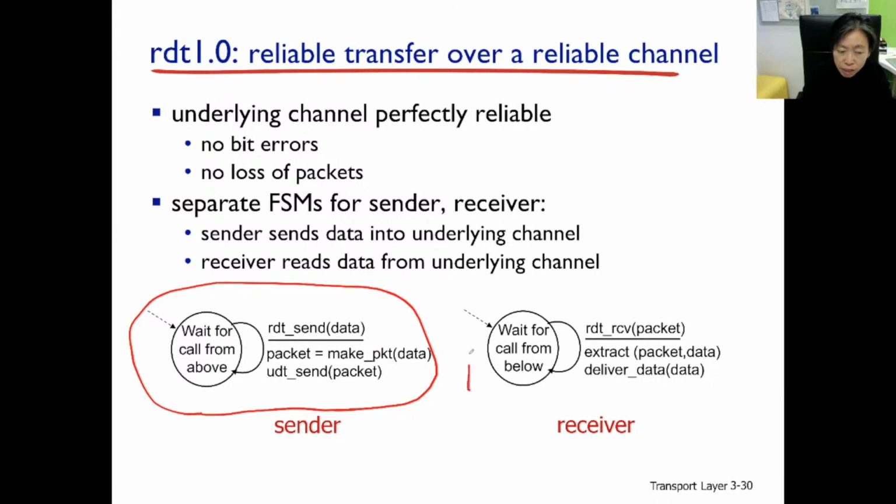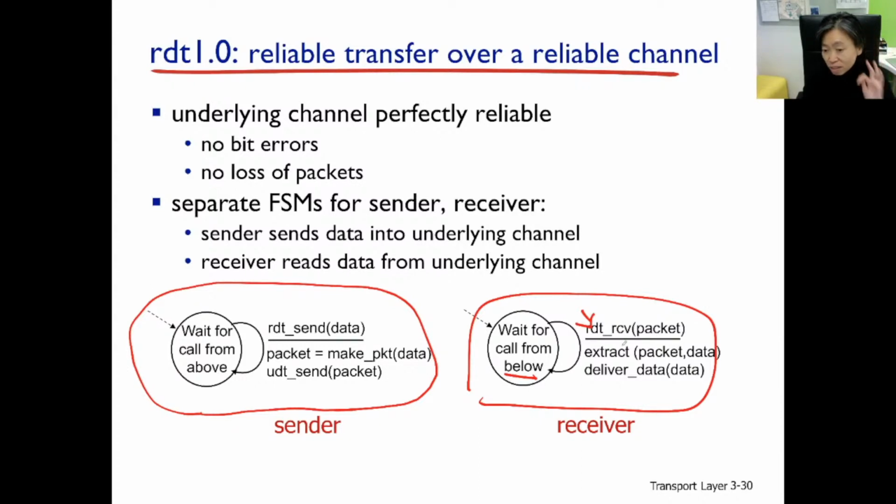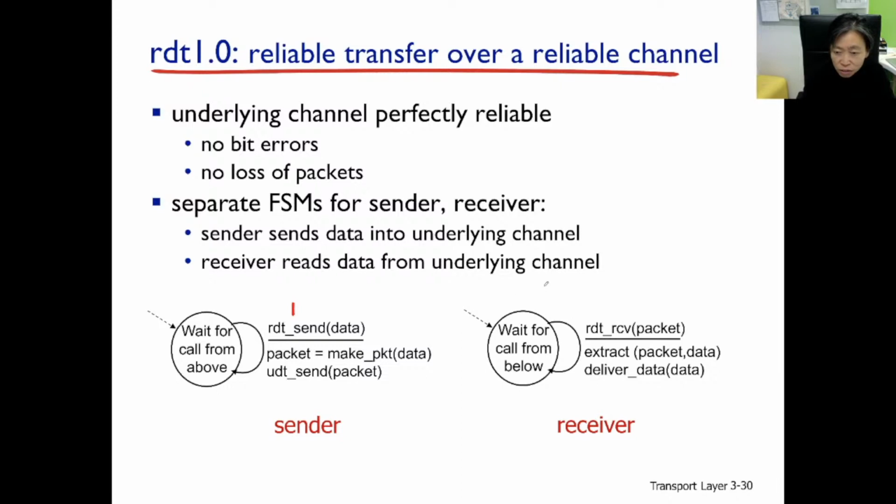Similarly, at the receiver side, a call from below, RDT receive, is being called. The receiver side of RDT 1.0 will just extract data out of the packet and deliver the data up to the application layer. Again, events trigger the changing of state, and the arc direction indicates which state it changes to.